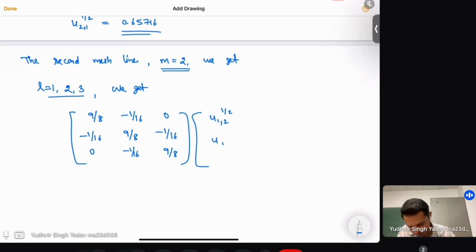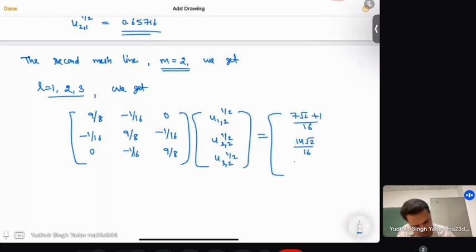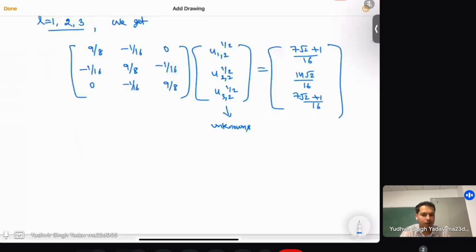On the RHS we have the known values 7 times root 2 plus 1 by 16, 14 root 2 by 16, and 7 root 2 plus 1 by 16. So again, this vector is the vector of unknowns that are required to be found.